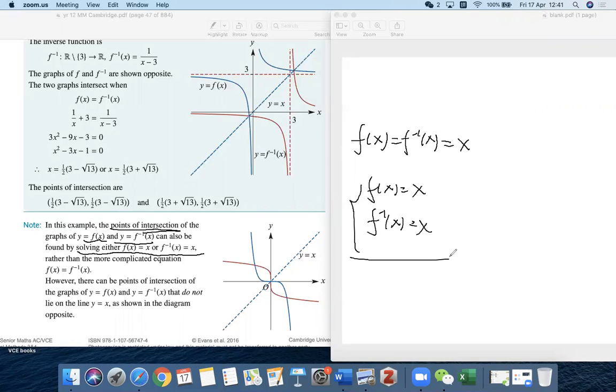However, not all graphs have the intersection on y equals x. Sometimes it might be on this line as well. This line is y equals negative x, or even y equals negative x plus k. So if the graph looks like this, sometimes it's a bit tricky.